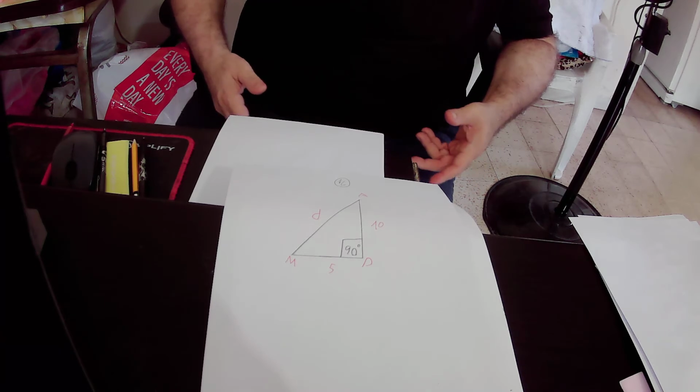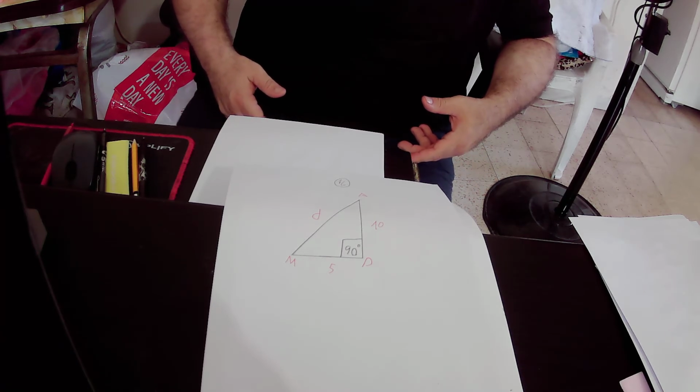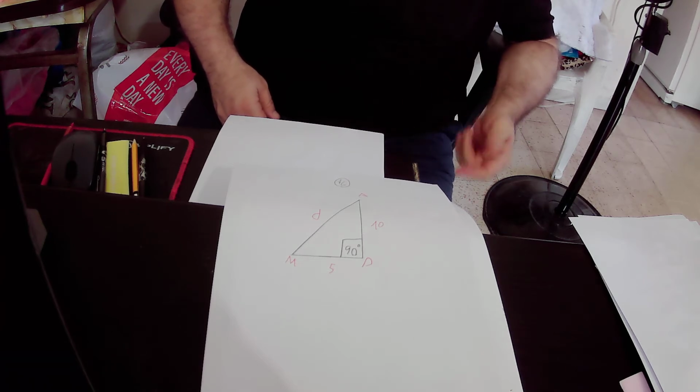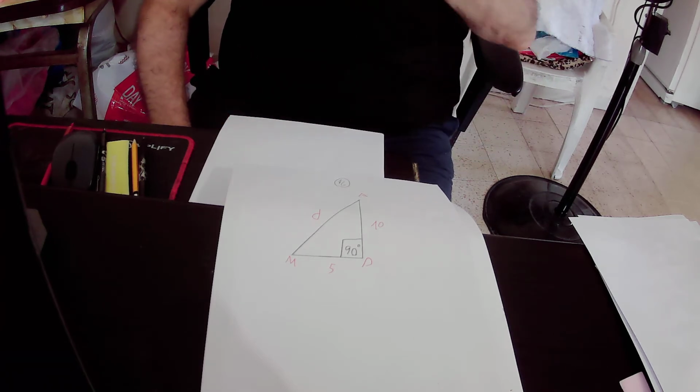We know that the diameter of any circle is 2 times the radius. We will use it in order to find the radius of the circle.